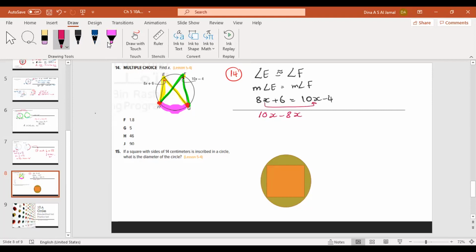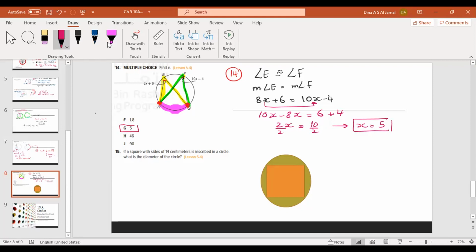I just move this to this side and it will be equal to 6 plus 4. That means 2x is equal to 10. Divide both sides by 2. That means your x is equal to 5. So this will be your choice of G.